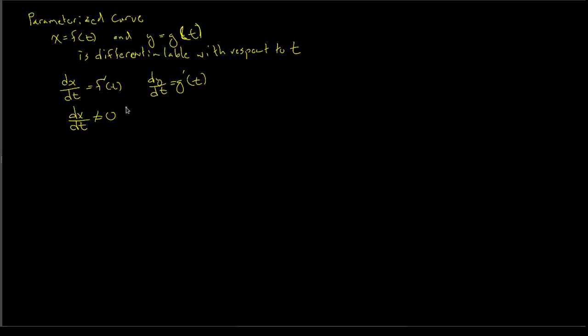Then we can create a relationship here, and this is related by the chain rule. So dy/dt, the function of y with respect to t, is the same as dy/dx times dx/dt.